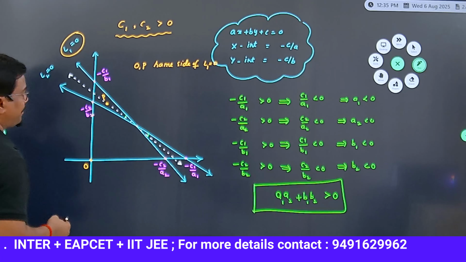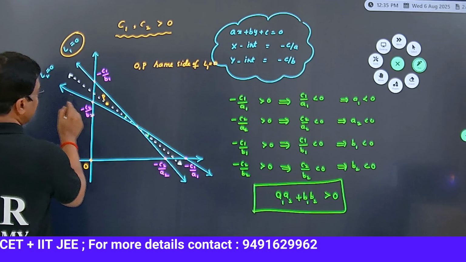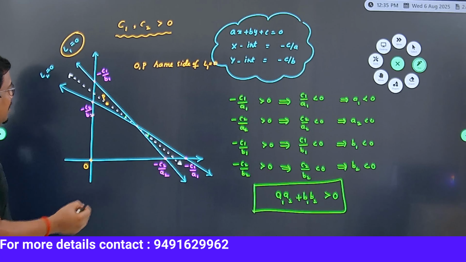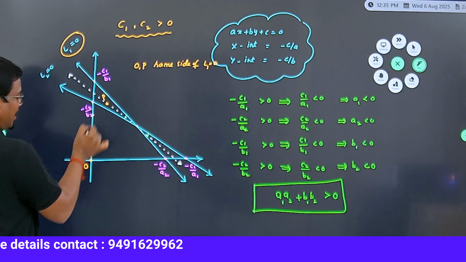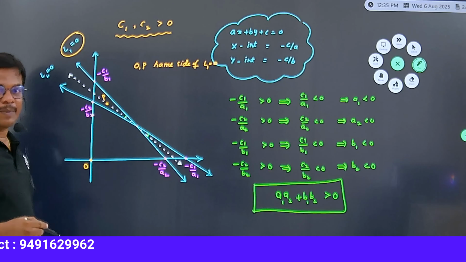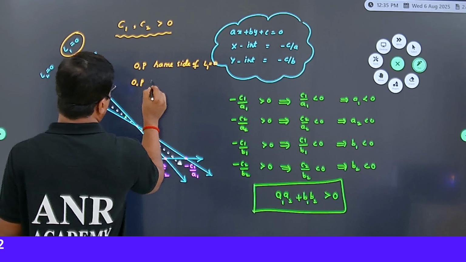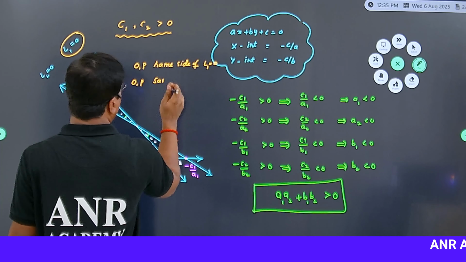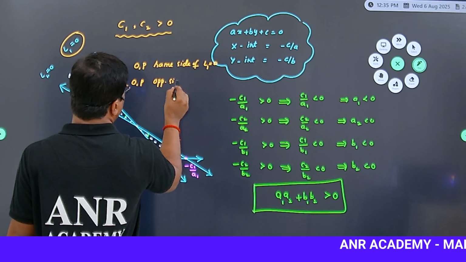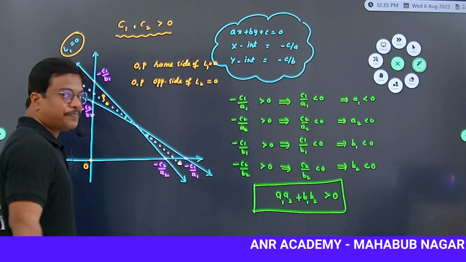Next, with respect to the second line, this is L2, P is here and O is here. Both the points O and P are on opposite sides of the second line. I am going to write O, P, they are on the opposite side of the second line L2.